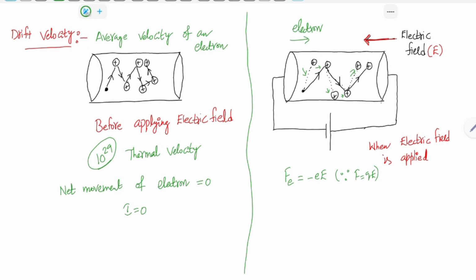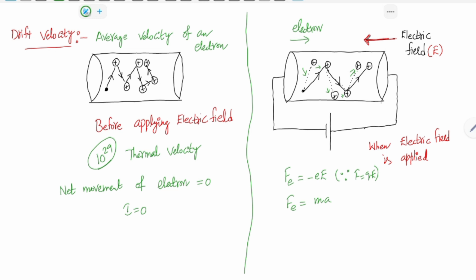Now this electron is accelerating during the relaxation time. So I am just applying Newton's second law, and this electron has some mass. According to Newton's second law, the same electric force is given by m times acceleration, where m is the mass of an individual electron and a is the acceleration of this electron. And this acceleration takes place only during the relaxation time, meaning between any two successive collisions.